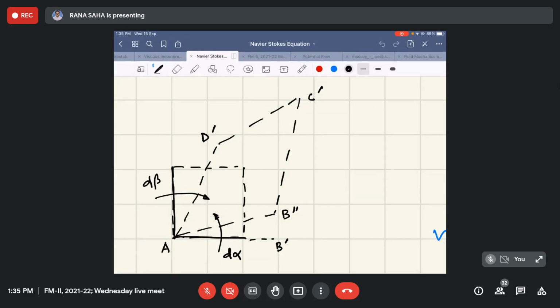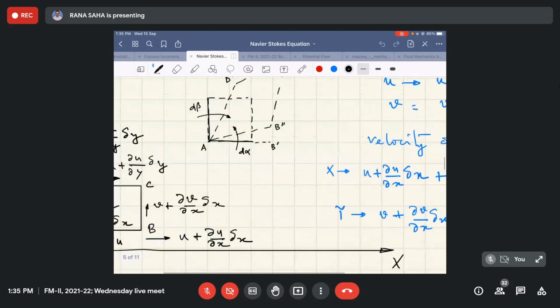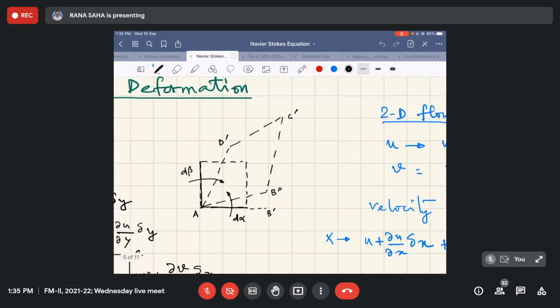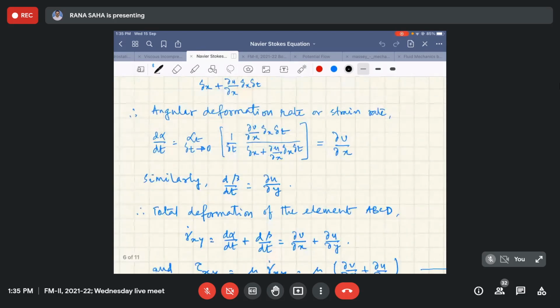And mathematically, we have treated this thing also to get the expression of the strain rate, the angular deformation rate, which, when it becomes equal to zero, you will be having irrotational flow. That is typically being written here also. So the angular deformation rate or strain rate, as you can see, is found to be del V del X. There is one component.